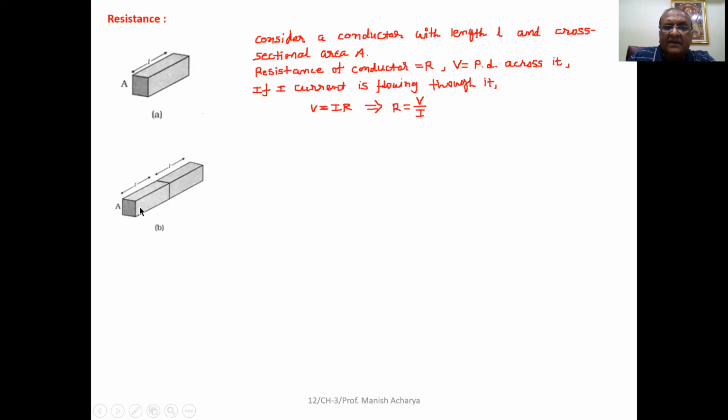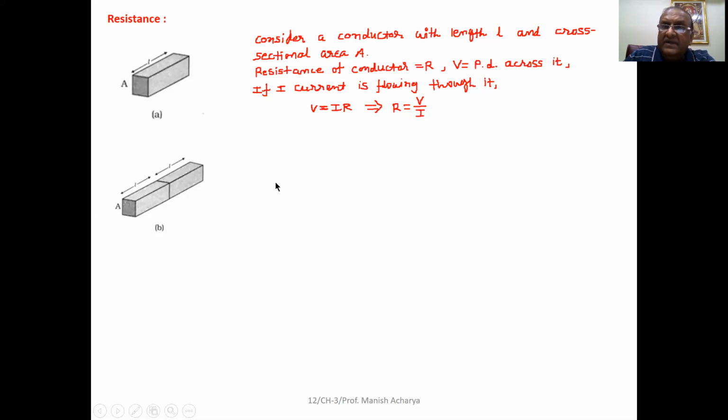So the length is 2L, or we can say take two conductors like this as shown in figure A and arrange them as shown in figure B. So the resultant cross-sectional area of this combination is A itself, but the total length of the conductor is 2L.